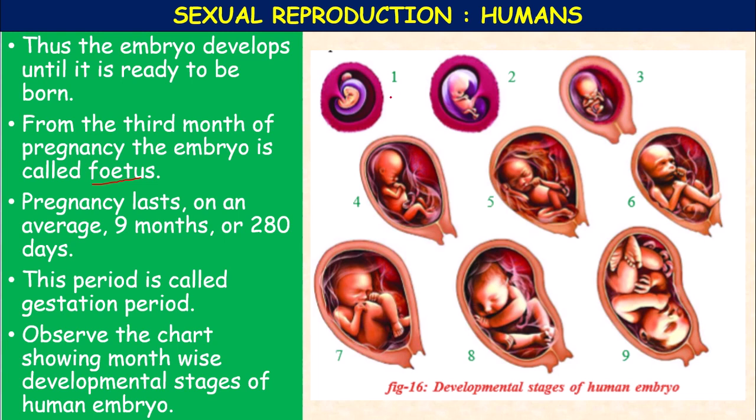So after implantation, the cleavage continues. That is gastrulation. Gastrulation occurs during the 2nd week, and the blastocyst is transformed into three major layers. Okay. Then the gastrulation is followed by neurulation. So the neural plate is laid down.